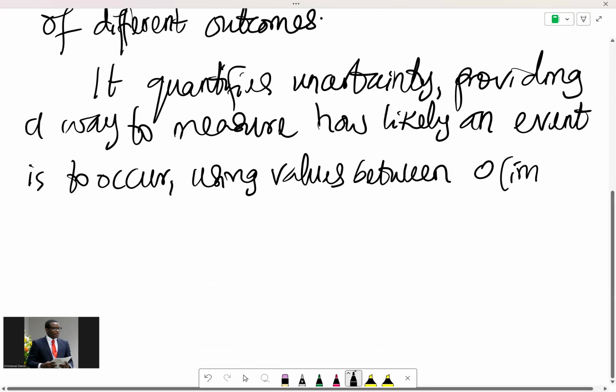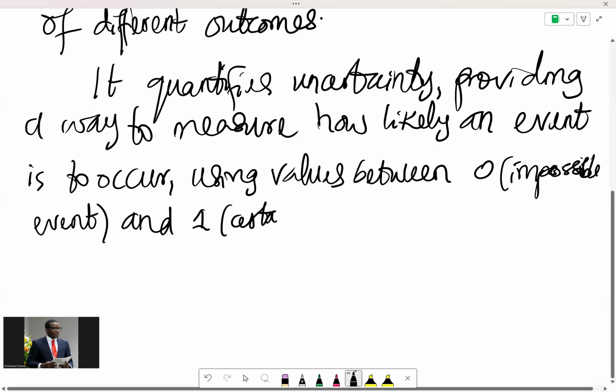Zero is the probability of impossible events. So when an event is totally impossible, then the probability is zero. And one is for certain events. So when you're sure something is going to happen, then the probability is one.